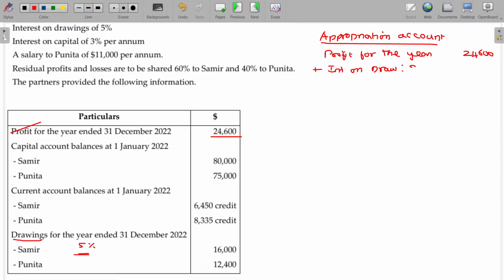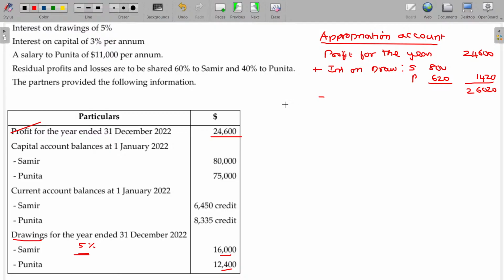For Samir and for Punita, 5% on this being 800 and on this being 620. Total 1,420, making 26,020.